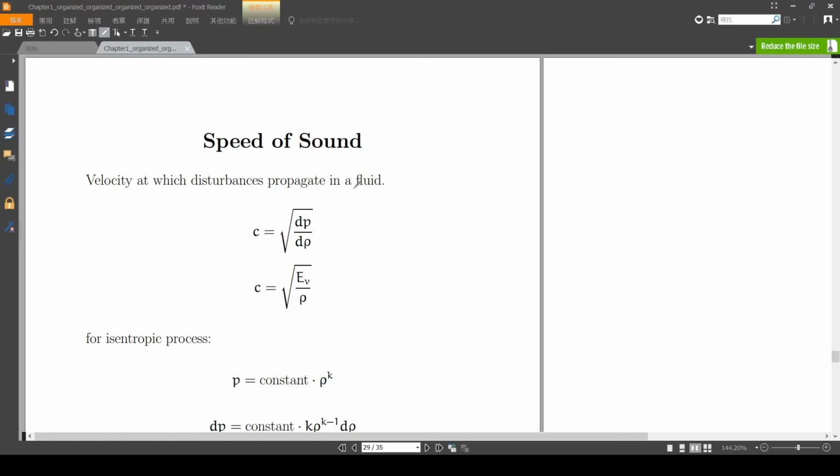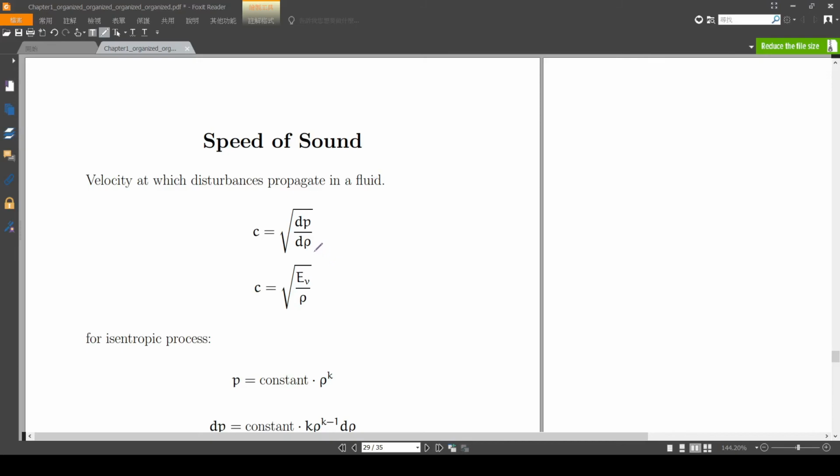When we talk about a fluid medium, you can imagine that maybe it is air. It works like when an airplane is flying through, it compresses the air, then the speed of the sound will change, right? This kind of situation is what we are talking about.